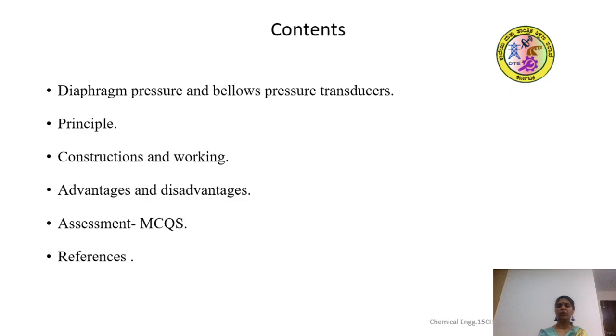Pressure to be measured is applied at one end of the tube. With the change in pressure, the Bourdon tube either coils or uncoils, causing the pointer to move on the calibrated scale. Thereby we can measure the pressure.